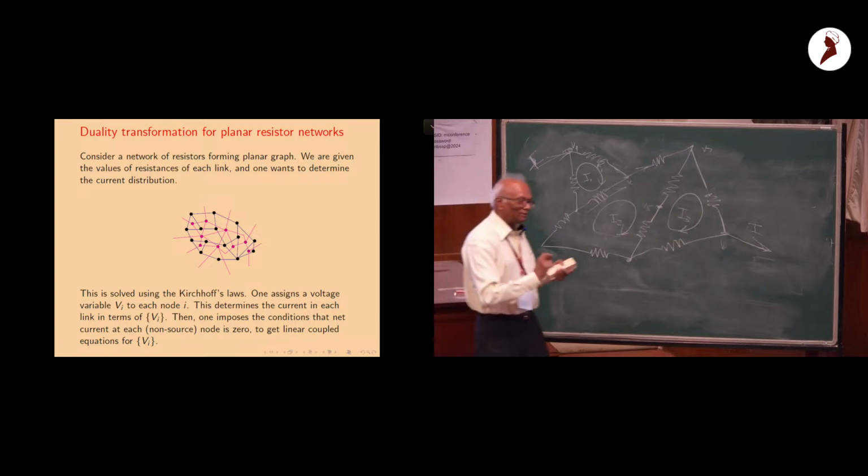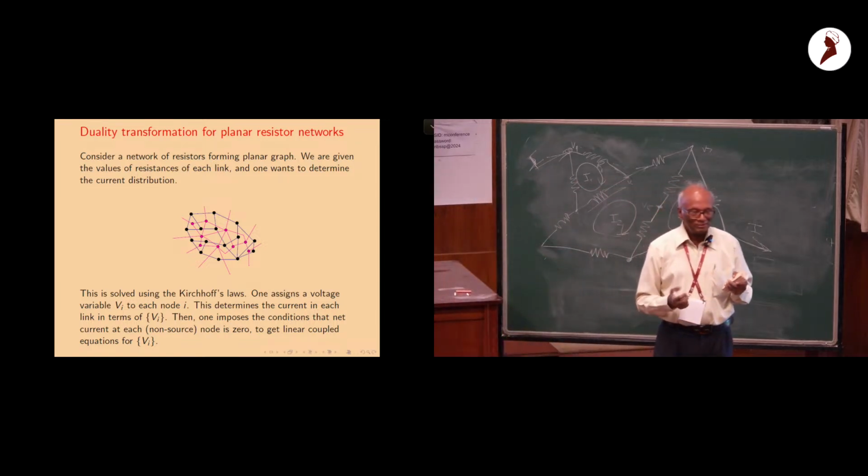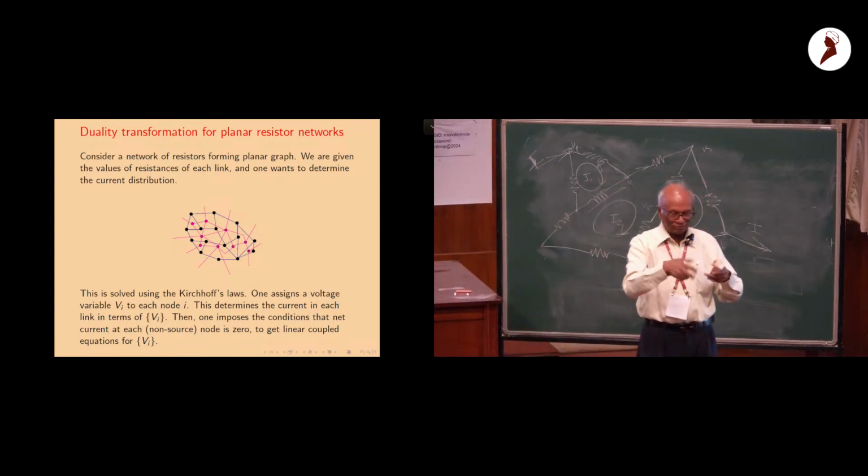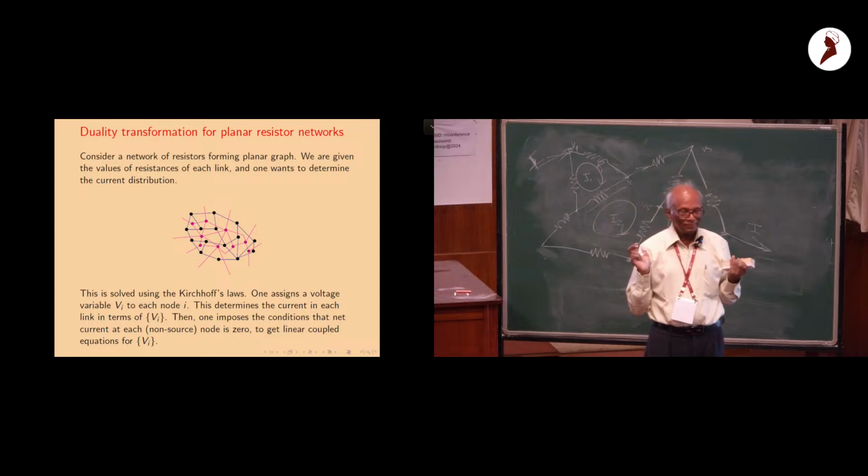You can choose either the current variables as the basic variables and voltage variables as the derived variables, and then write equations for currents. Or you can write voltages as the primary variables and then write equations between them using the current conservation laws.